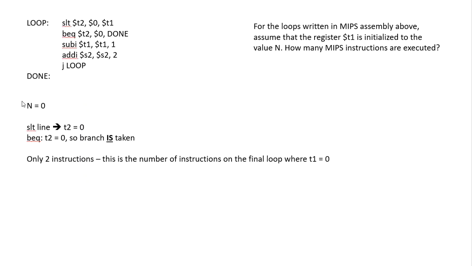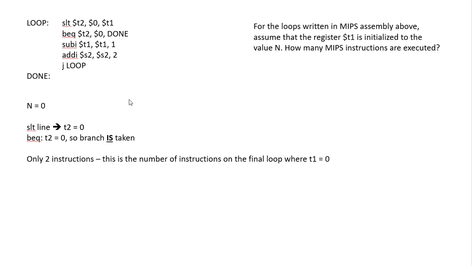So I started over here with the case n equal to 0, and notice that when n is equal to 0, we just go through set less than. Our T2 will be set to 0 because these are equivalent, and then our branch statement is equivalent: T2 equals 0, which equals 0.